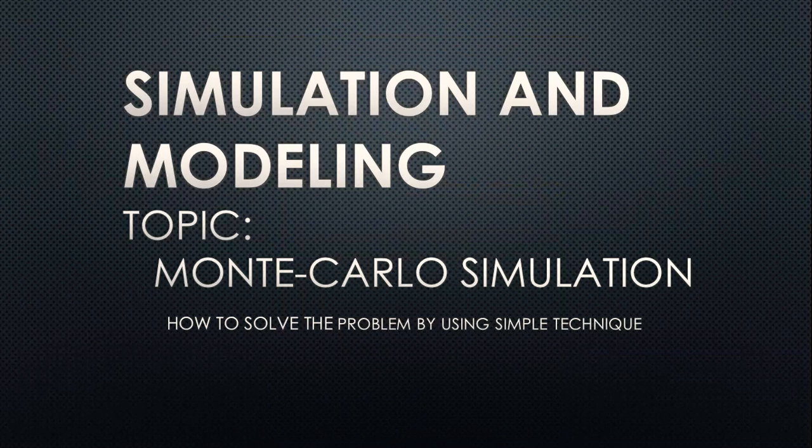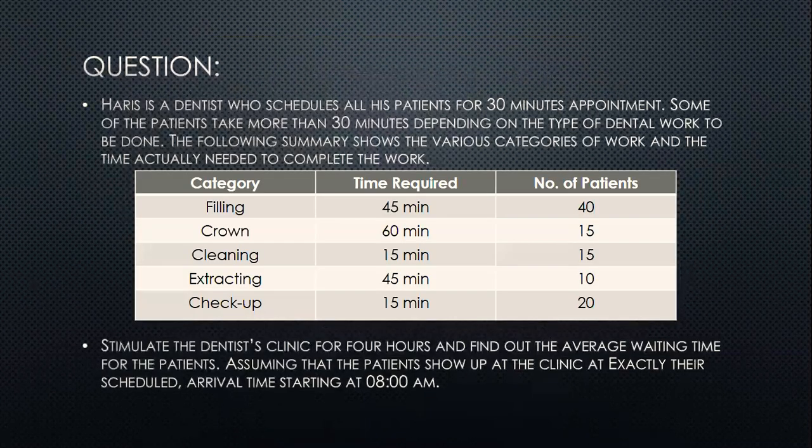So here's the question. Harris is a dentist who schedules all his patients for 30 minute appointments. Some of the patients take more than 30 minutes depending on the type of dental work to be done. The following summary shows the various categories of work and the time actually needed to complete the work.